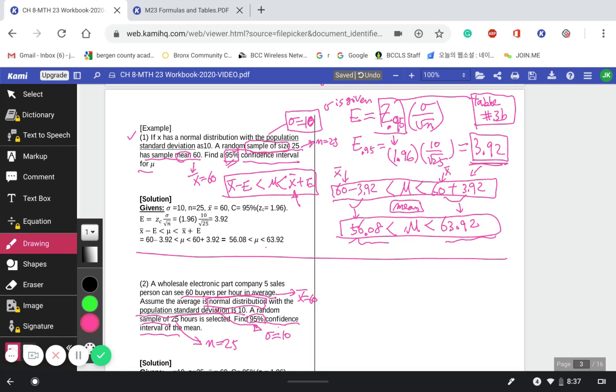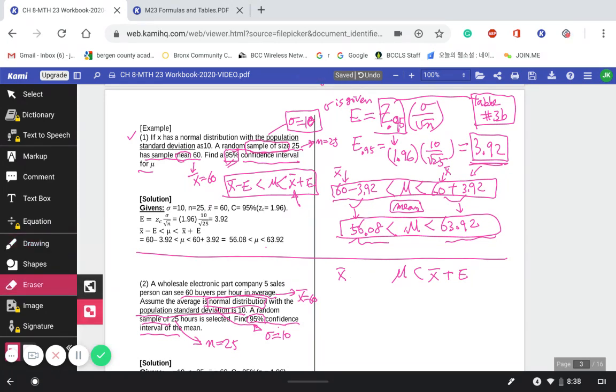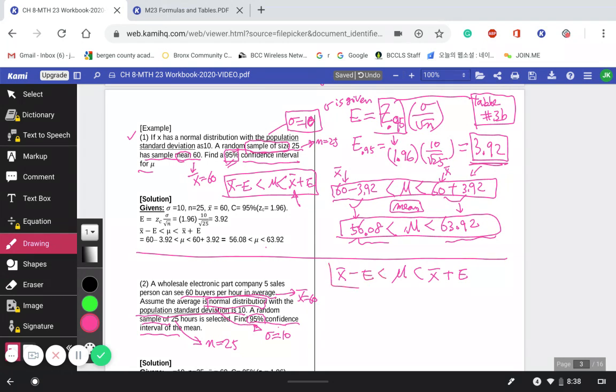So they want to estimate the mean value after you find the margin of error. So from here, you have to find the E value first, right? Because everything else is known.